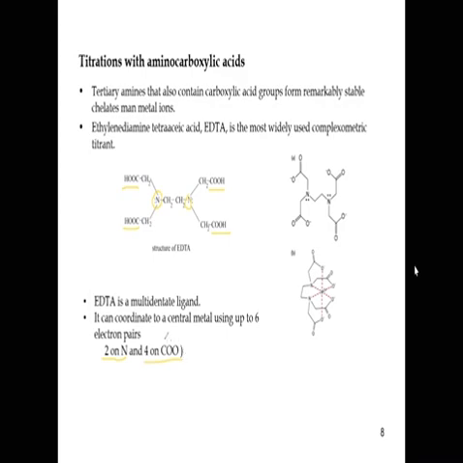The carboxylic group should be COO minus. Think about this particular structure when it makes a complex with a metal ion.